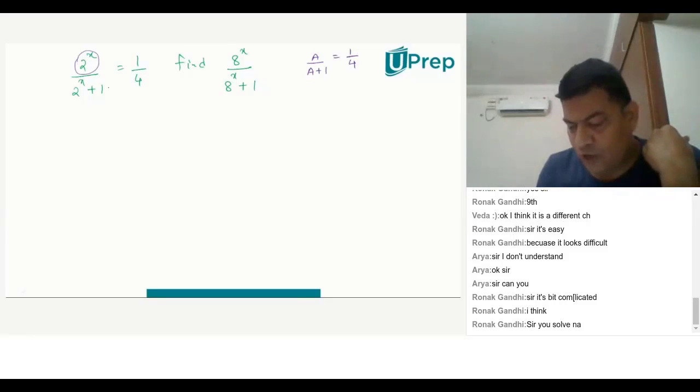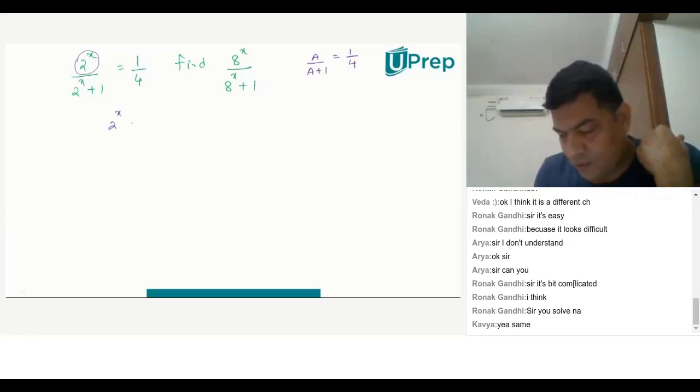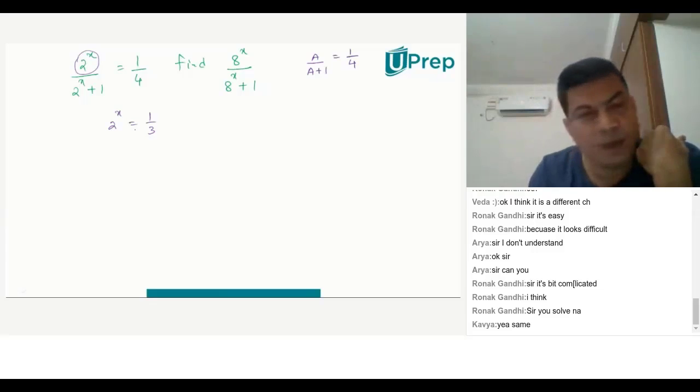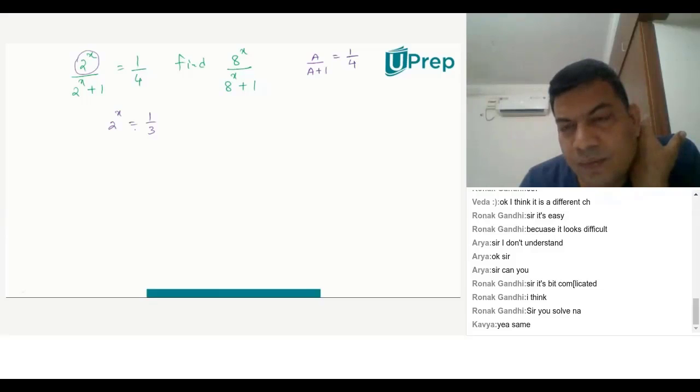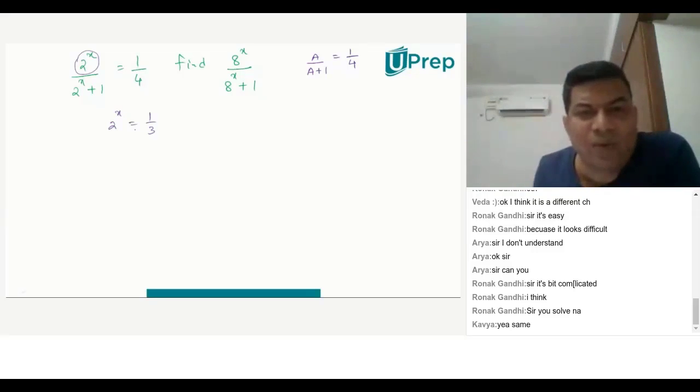And then what I did is that I switched 8 to the power x to 2 to the power of 3x. Then I substituted it, so it'll become 1 by 3 whole cube, and then 1 plus 1 by 3 whole cube. Very good. Arya, you're doing good. Tell me, what was the next step you did?